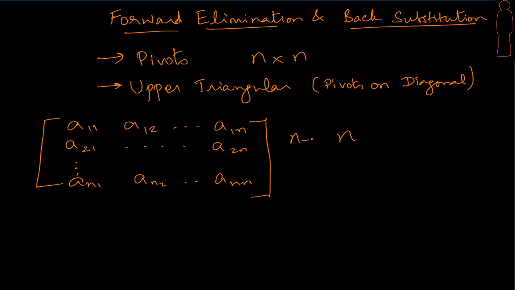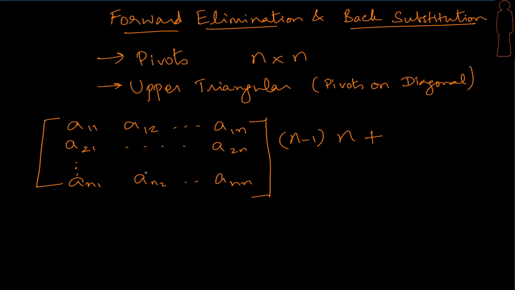So we have n minus 1 times n floating point operations for eliminating a21 to an1.